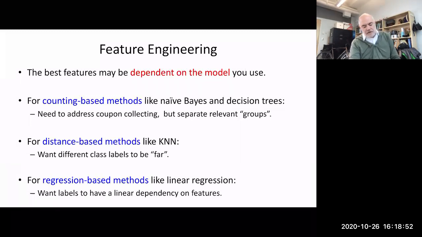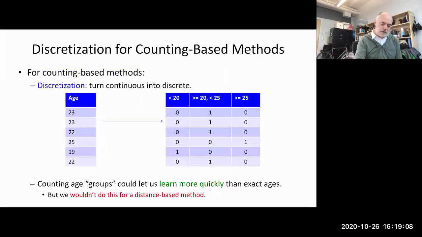And for regression-based methods like linear regression, you want feature engineering that leads to the development of features that actually have a linear correlation with the labels, or the labels are linearly dependent on the features, right?